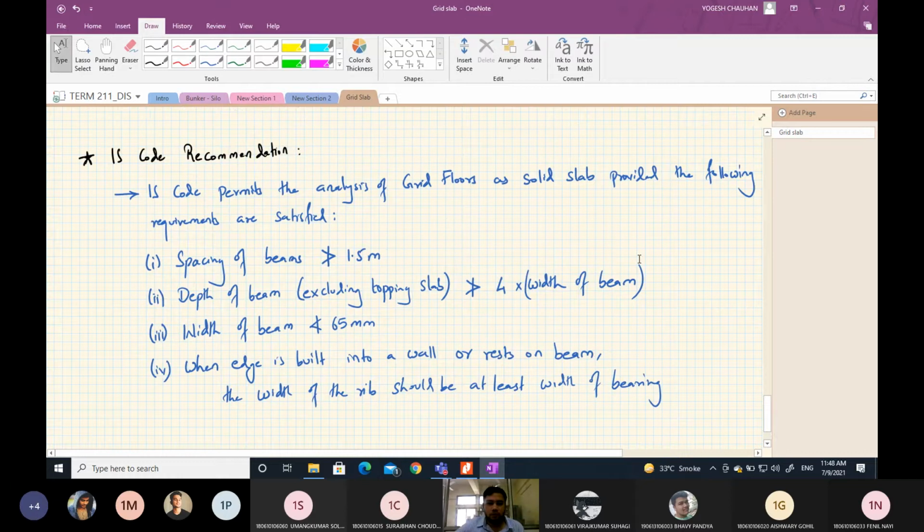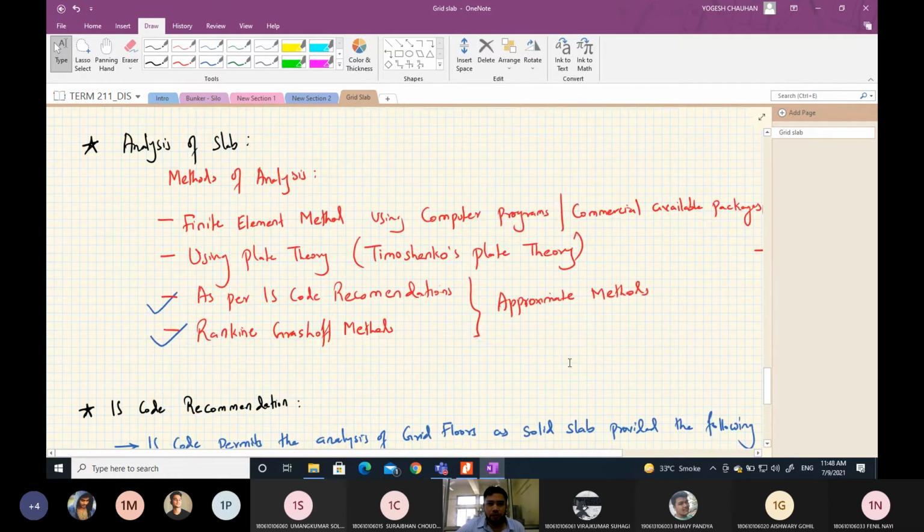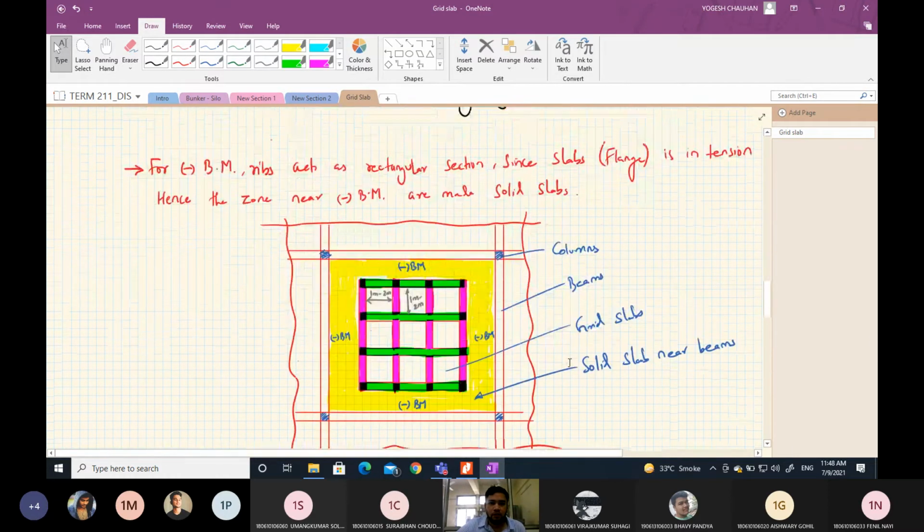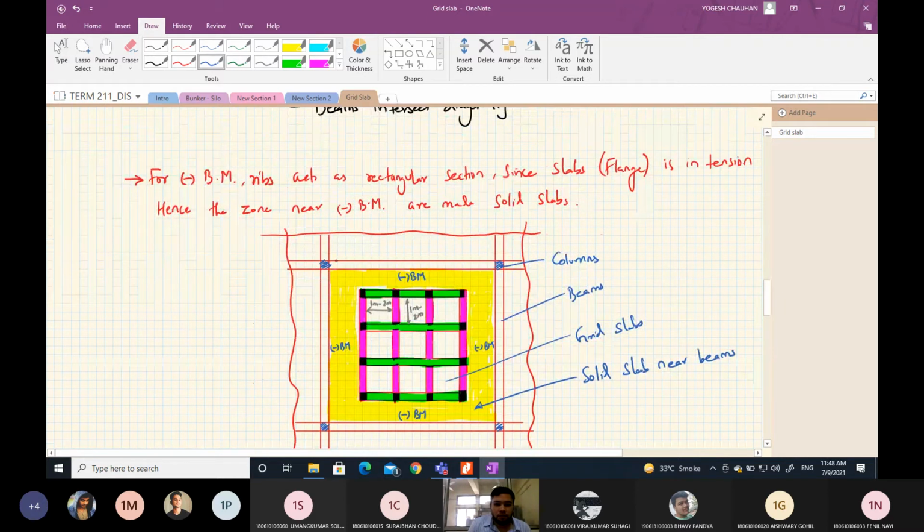This is for the portion of the slab resting on some walls.